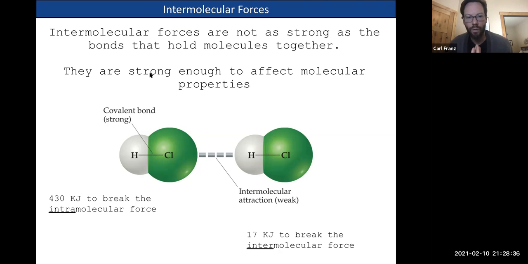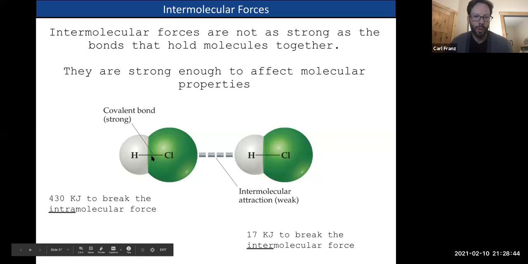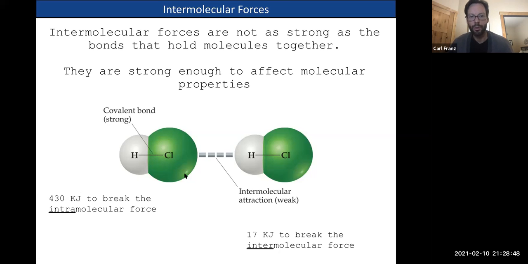Of course, a covalent bond is going to be much stronger than an intermolecular attraction, right? So the bond between the hydrogen and the chlorine here is 430 kilojoules. That would be required to break that, whereas the attraction between 2 hydrochloric acid molecules is only 17 kilojoules to break.